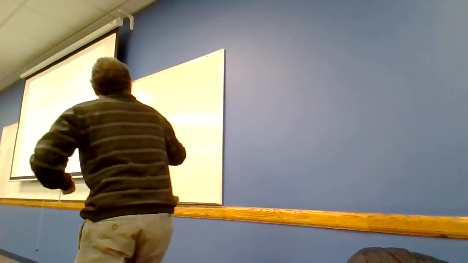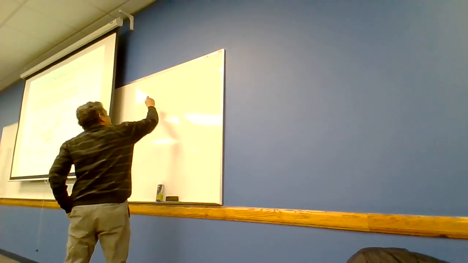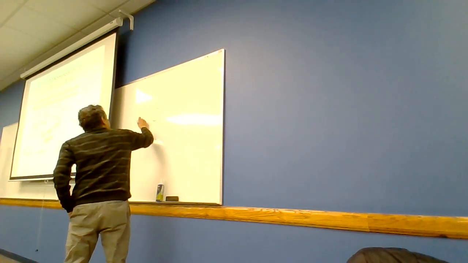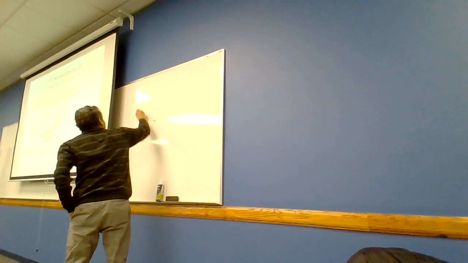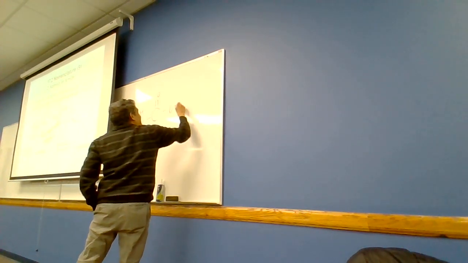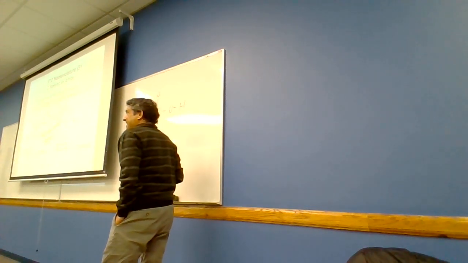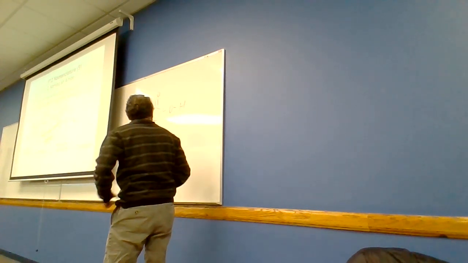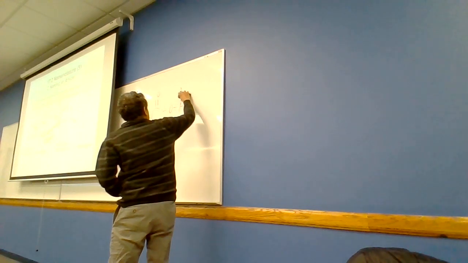Everybody got that? Yes or no? So what I did here is I wrote this guy: C 1, 2, 3, hydrogen, CH3 COOH. Acetic acid, right? Everybody see that? This is acetic acid, with just the H left.